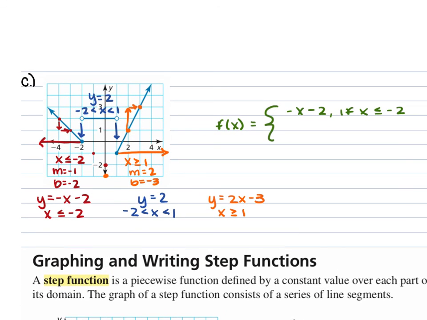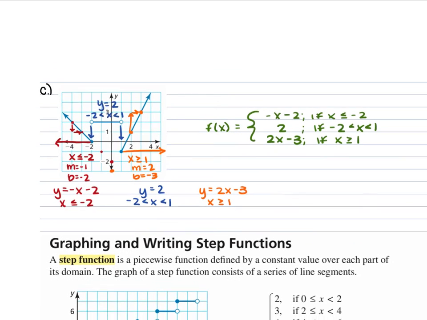Then I have the y is equal to 2, so it's just going to be the 2 if negative 2 is less than x, which is less than 1. Lastly, I have that 2x minus 3 if x is greater than or equal to 1.